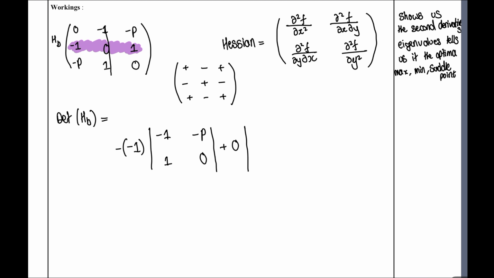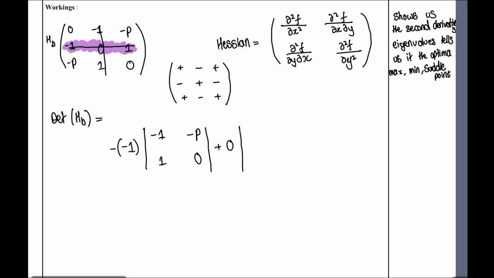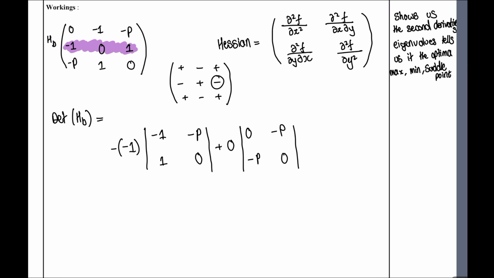Ignoring this row and this column, what's left behind is 0, minus p, 0. Then lastly, this, which has to be negated, so it'd be -1. And the matrix of minors would be 0, -1, minus p, 1.